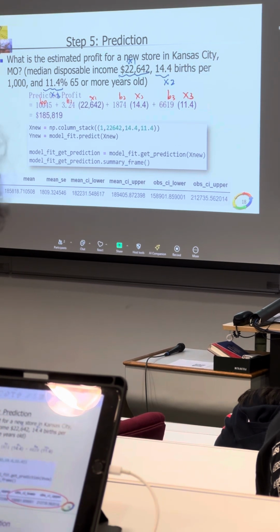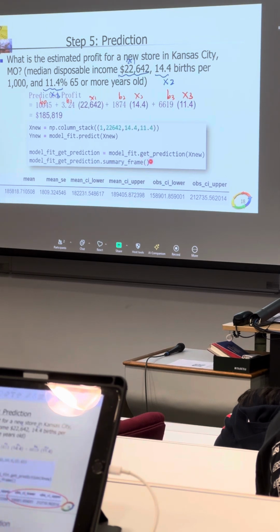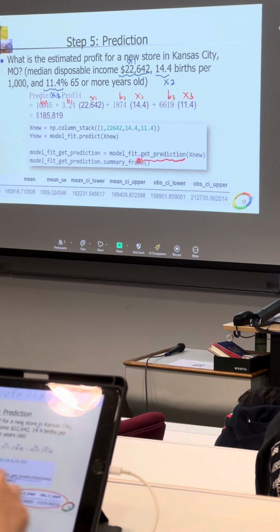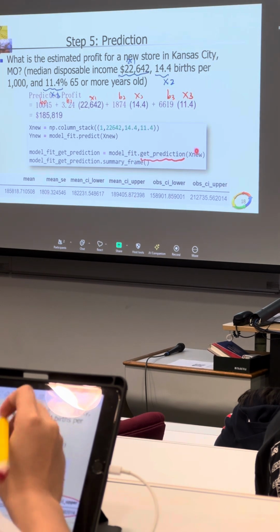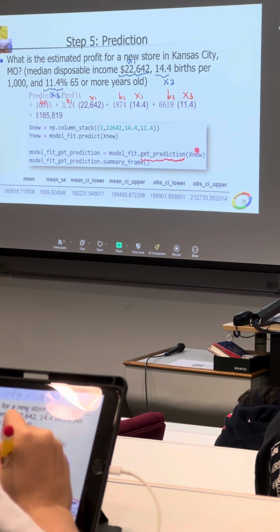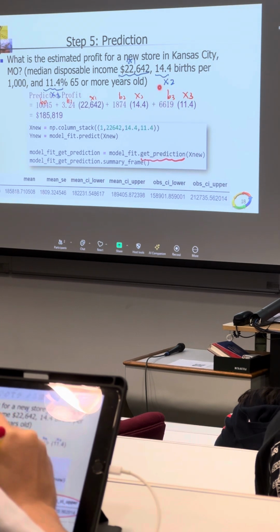Now, following, we are using the get_prediction function. This get_prediction function operates on our final model's output, model_fit, which we use to store the result for the final model. Dot operator followed by get_prediction, and then inside we have the x value for our new observation, that is the new store.